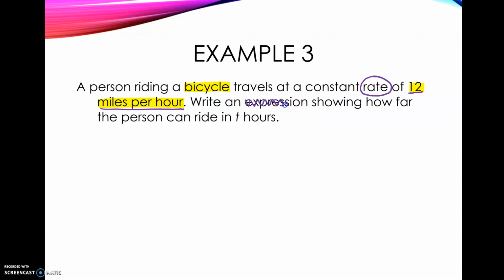Actually, I'm going to change this to say write an equation showing how far the person can ride in T hours. So how far, that sounds a lot like distance. T hours, that's time, and we've got a rate. So we're going to use distance equals rate times time.